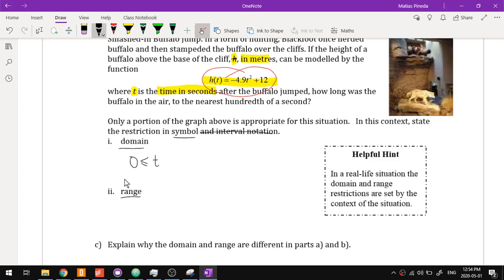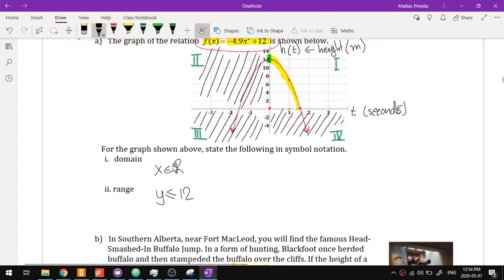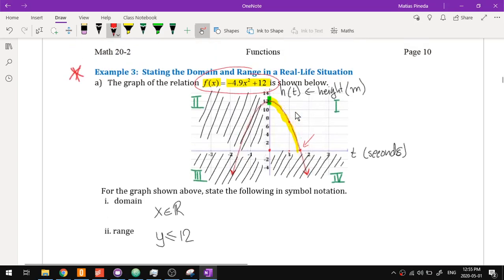And what's the largest possible value for t? If we take a look at the graph here, the largest possible value for t is going to be right there. This is when height is 0. Now, we don't actually know what this is. We can do the calculation on the graphing calculator to find the x value right there.